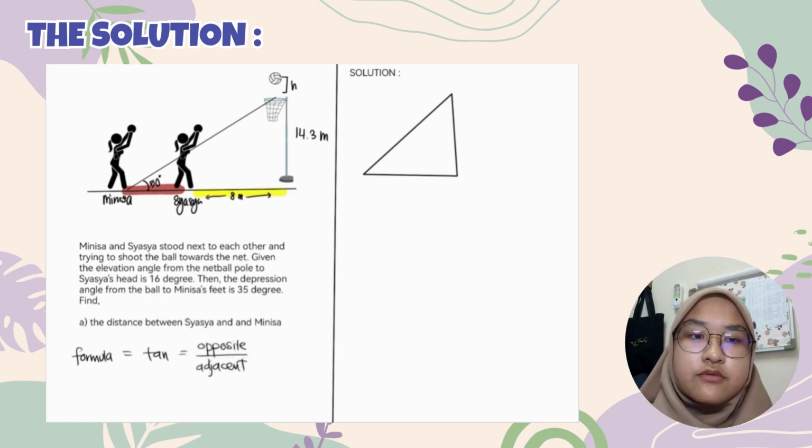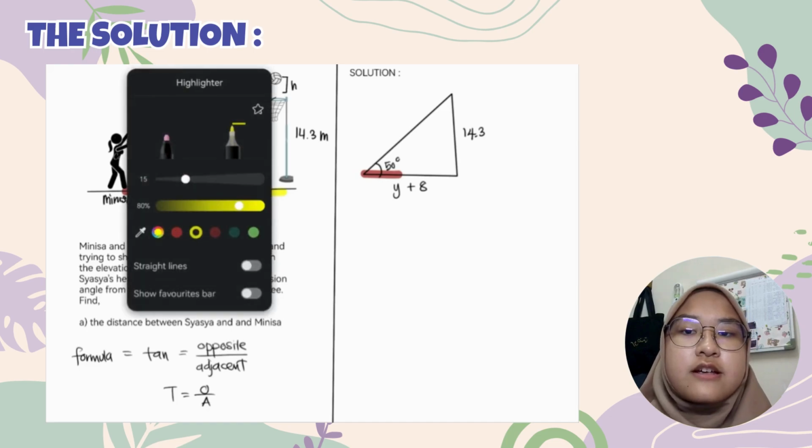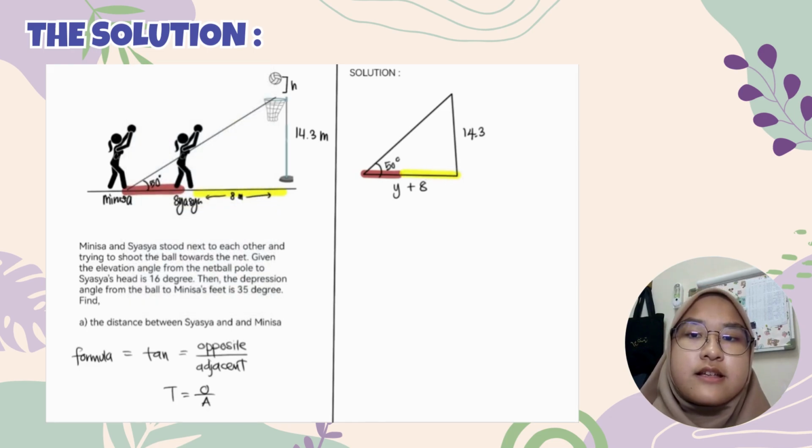For a better review, we're going to sketch a triangle so that we can place the amounts exactly like a diagram. First of all, 50 degrees and 14.3 there, and y plus 8.